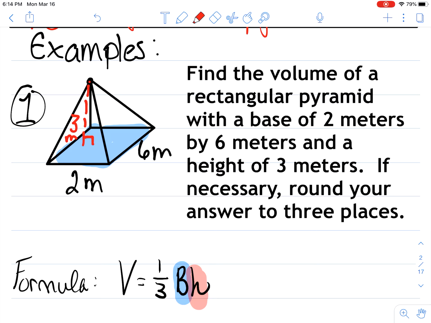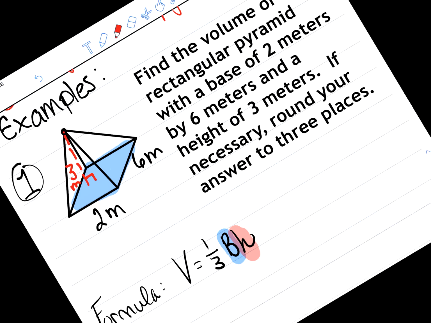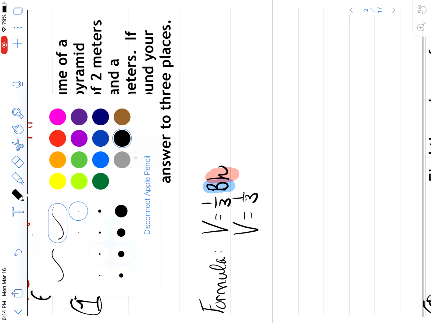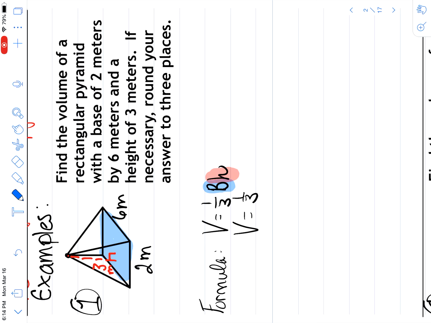Okay, so here's what we're going to do. I'm going to flip my iPad around so we have more space. There we go. And we're going to set up this formula. So we have V equals 1/3. Now I have to find the area of the base, so over here on the side, I'm going to do a little work on that. Let's not say A, let's say B, okay?